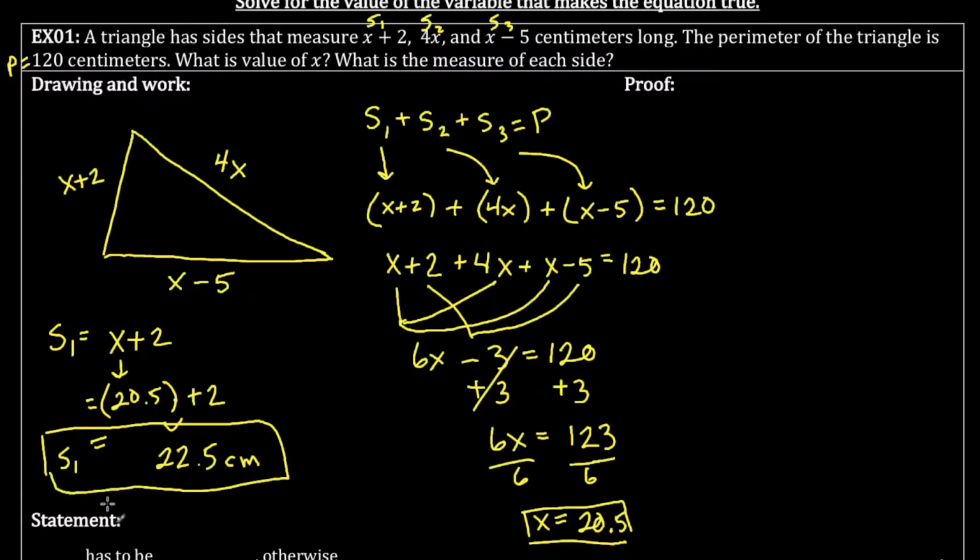That equal sign looks a little sketchy being up there, but side 1 equals 22.5 centimeters. Let's do side 2, which is 4x. So 4 times 20.5. So side 2 measures 82 centimeters. Don't forget the centimeters.